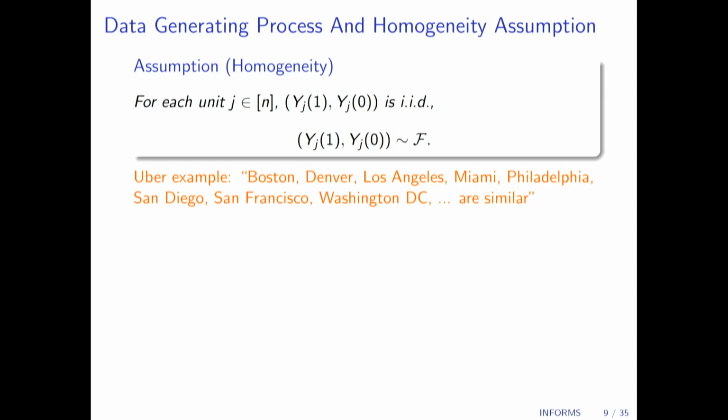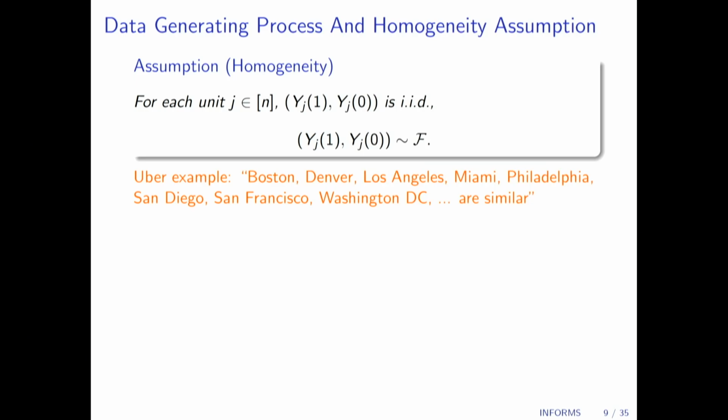No matter which city it is, Boston, Denver, LA, whatever, these cities are homogeneous, so that a treatment in Boston could say something about the counterfactual in San Francisco. If in San Francisco we do control, then we miss the treatment outcome in San Francisco, and we're going to use the treatment outcome in Boston to create the counterfactual for the treatment in San Francisco. So that's the idea of this homogeneity assumption.